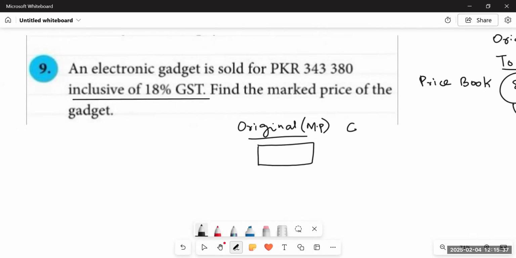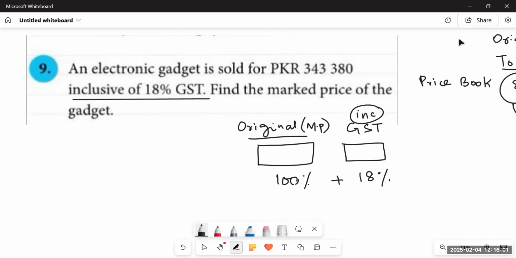We also do not know what was the amount of GST. We already know its percentage, which is 18%. And we always know that the percentage of the original amount is 100%, right? GST increases the original amount. It means it is a percentage increase. The GST works as an increasing amount, right?